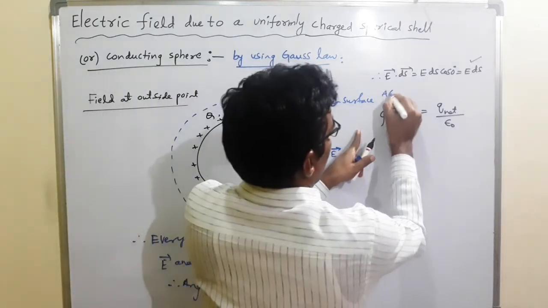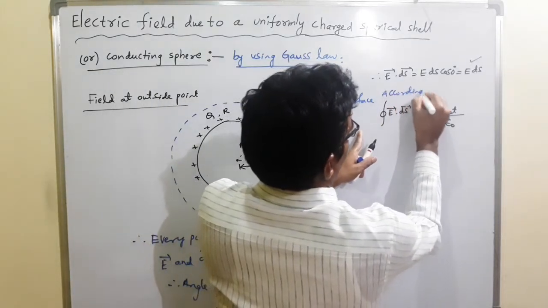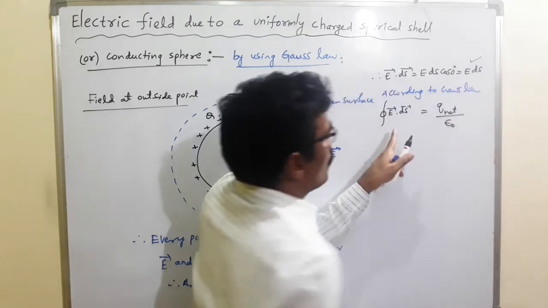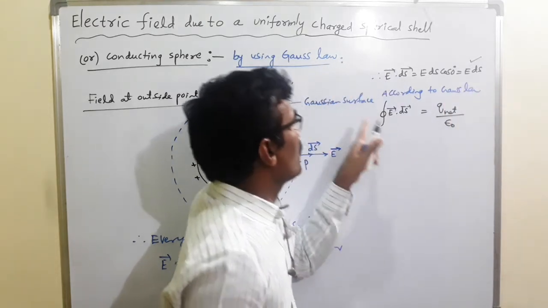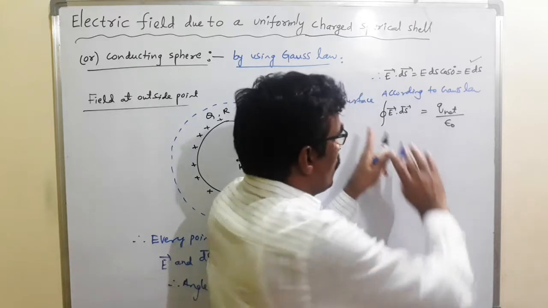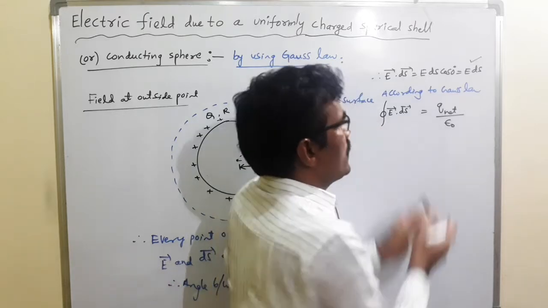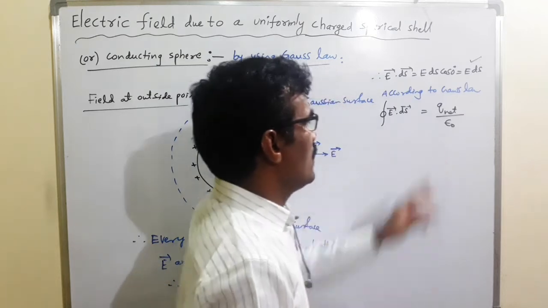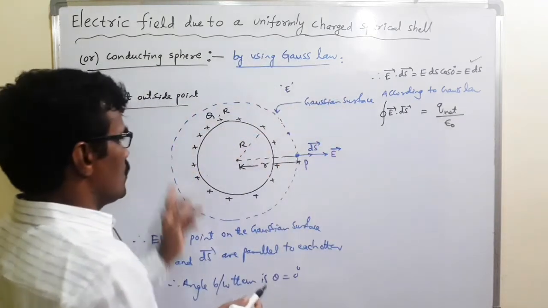According to Gauss law, this is the Gauss law expression: the total flux through a closed surface equals Q net by epsilon naught. Q net is the charge enclosed in the closed surface.